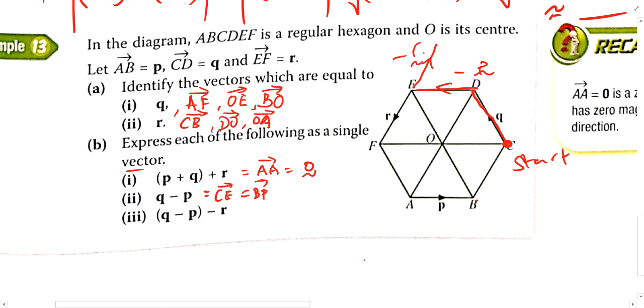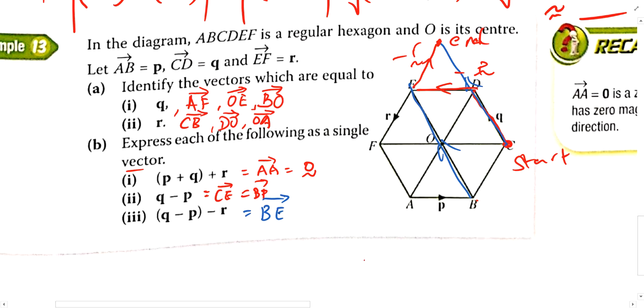This is negative R. Then this is my end, but it doesn't have a letter over there. This is my start and this is my end. So I can translate everything down and to the left. So this is my answer from start to end. The one in blue is the same as this, BE. Okay, so the answer is BE.